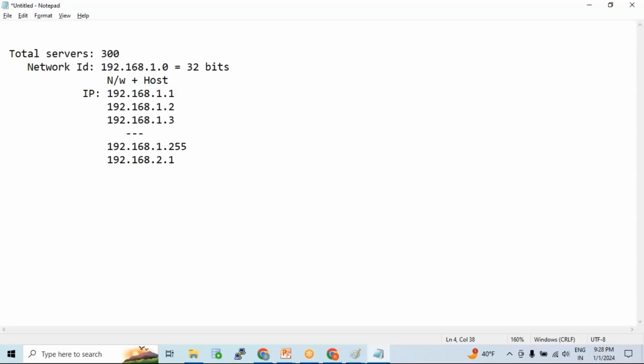If you convert this ID into binary format, usually it will be 32 bits. In these 32 bits, 8 plus 8 plus 8, 24 bits are used to identify the network. 8 bits are used to identify the computer or a host, correct?